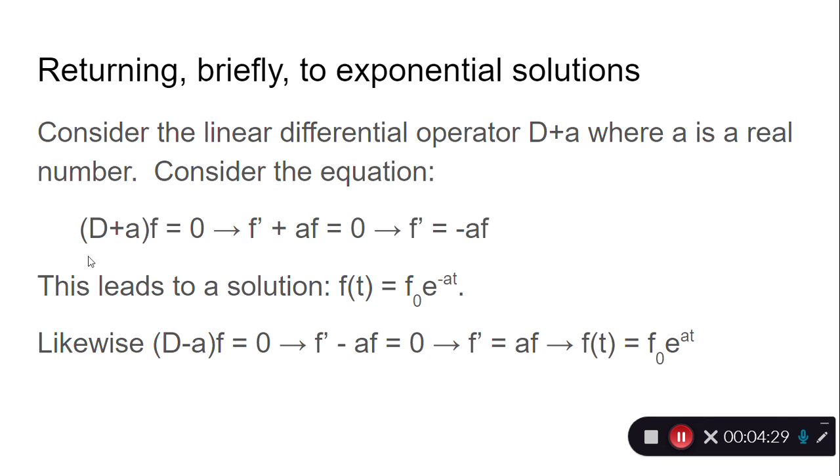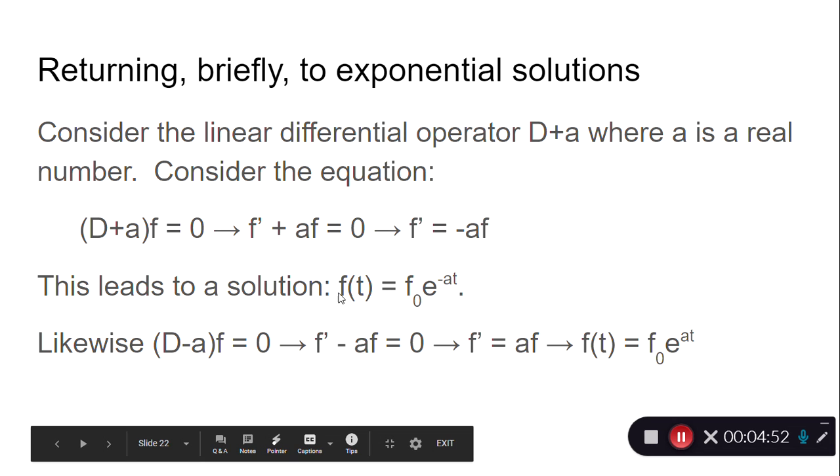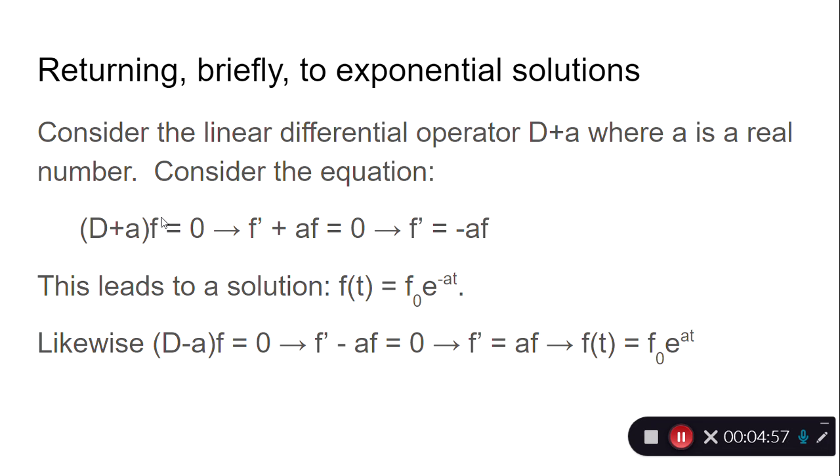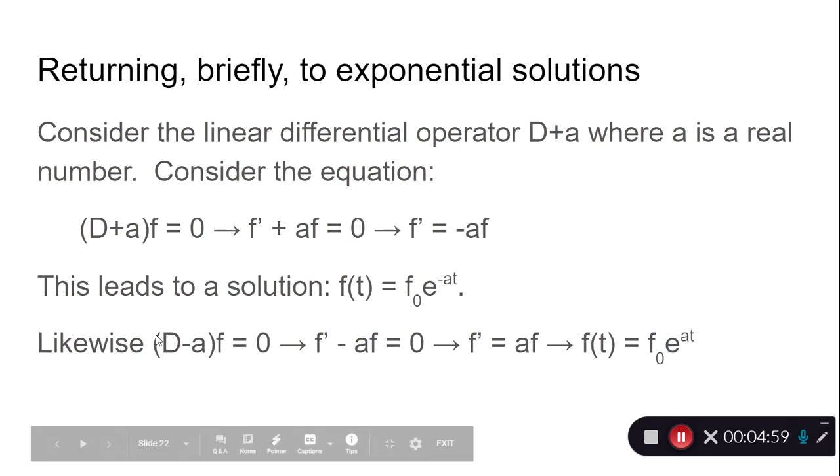You've already solved this. It's the same as f prime plus af equals 0, which is the same as f prime equals minus af. This is that equation that I keep saying is one of the most important equations in differential equations. It's just exponential growth. Separate variables if you want, or recognize that only the exponential function has a derivative equal to itself times a constant. We've done this a bazillion times. That's the answer to this type of question, and similarly for this one.